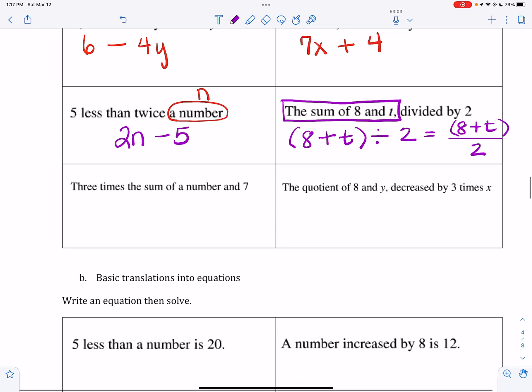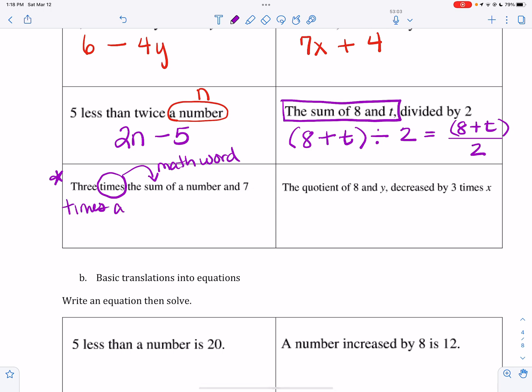Now, put a star next to this one because this one often gets some students confused. Anytime it says times a math word, and sum is a math word, that is an indicator that you need parentheses, okay? So times a math word means you need parentheses.